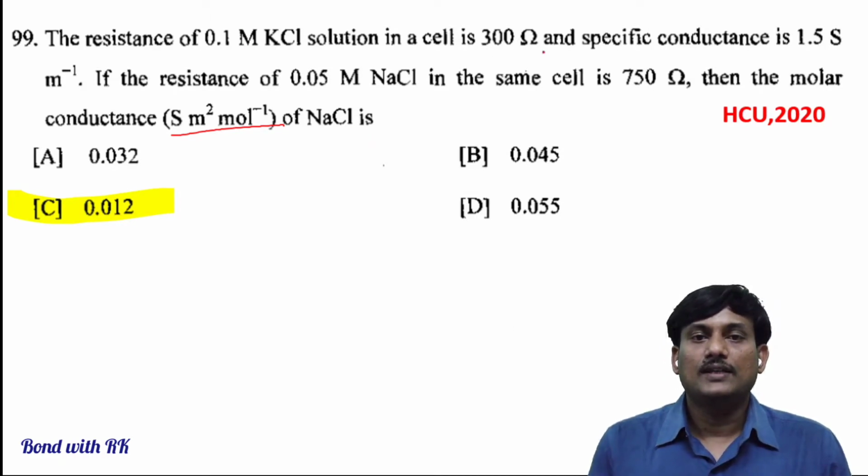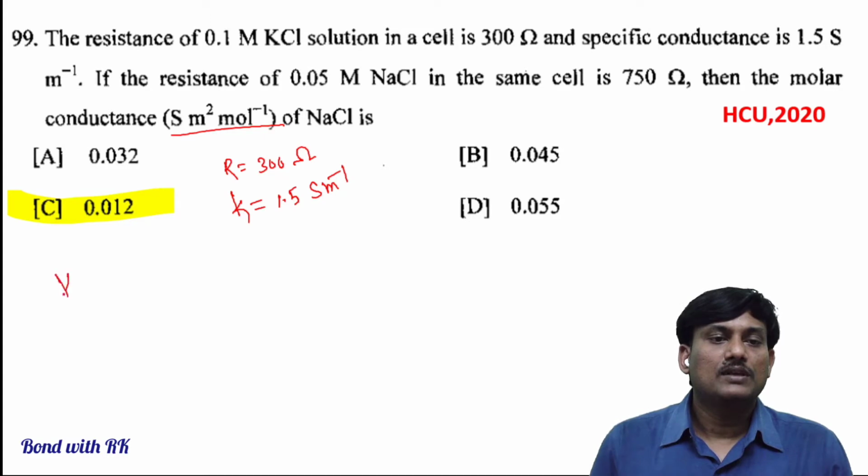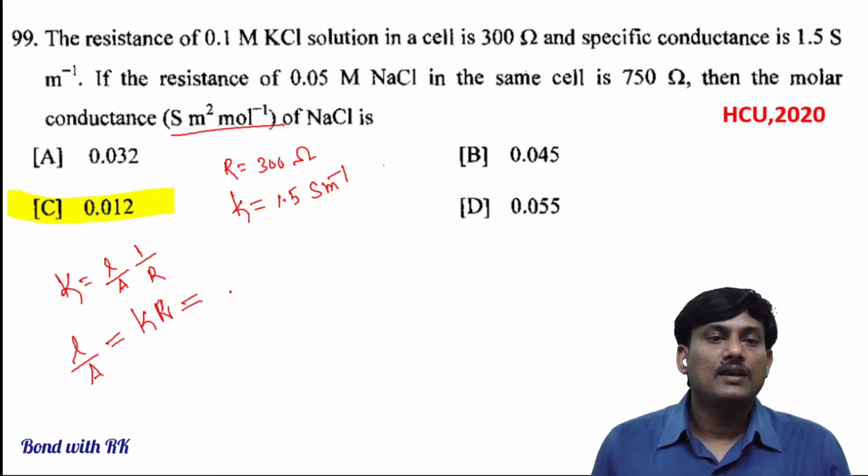Before that, let's take this cell. Here resistance R is 300 ohms and specific conductance, that is kappa, is given as 1.5 Siemens meter inverse. We know the relation: kappa is equal to cell constant, L by A, into 1 by R. From this you can calculate the cell constant L by A is equal to kappa into R. So here kappa is given as 1.5 into 300, and the units will be meter inverse.